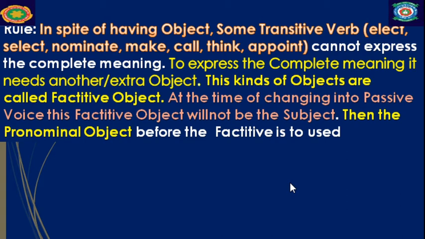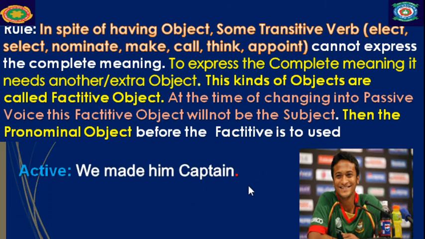You know about transitive verb. Transitive verb means those verbs which have an object. Factitive verb also, after made, is a transitive verb. We made him, but it doesn't express complete sense. We have to take an extra term, captain, that is the factitive object.